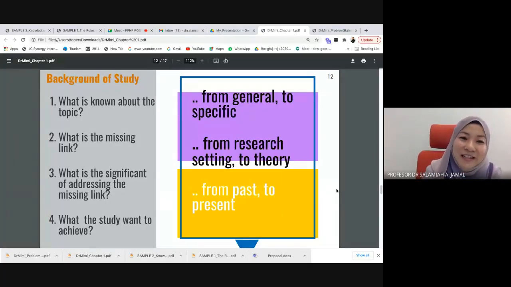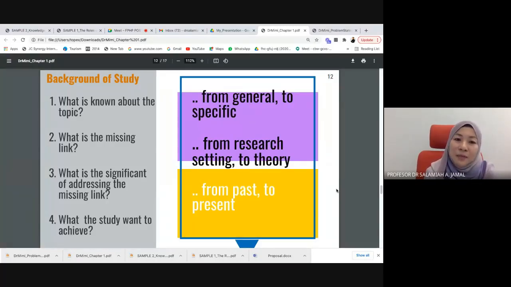The first point, we write about what is known about the topic. The second point is what is the missing link. Sometimes we call it the gap of the study, or the issues of the study. Then we can have one or a few paragraphs on the significance: what is the significance of addressing this gap, this missing link or the issue?